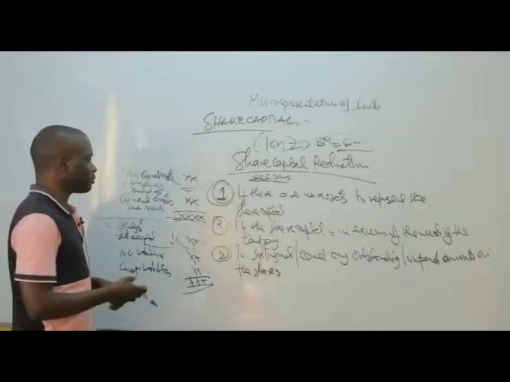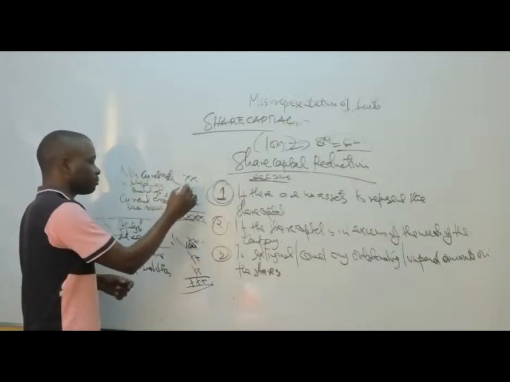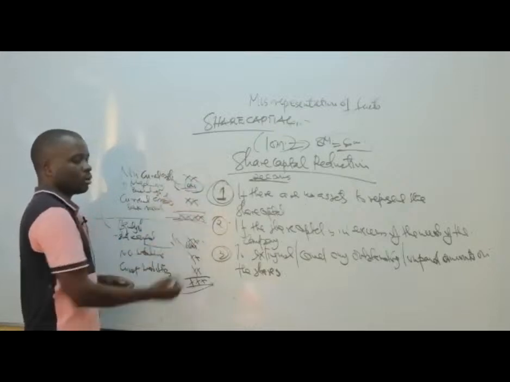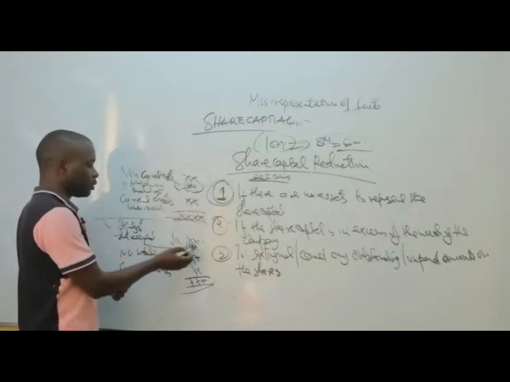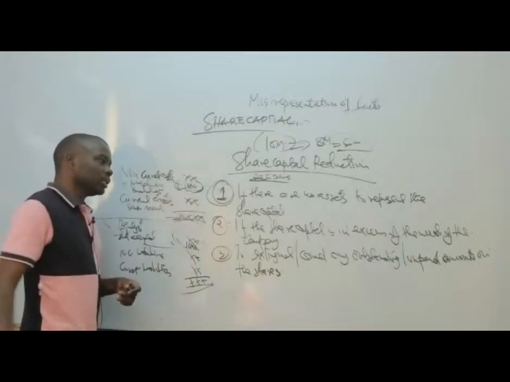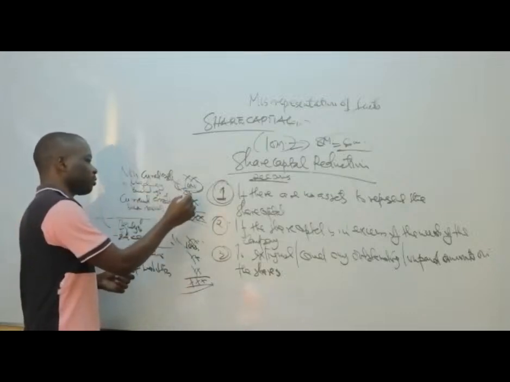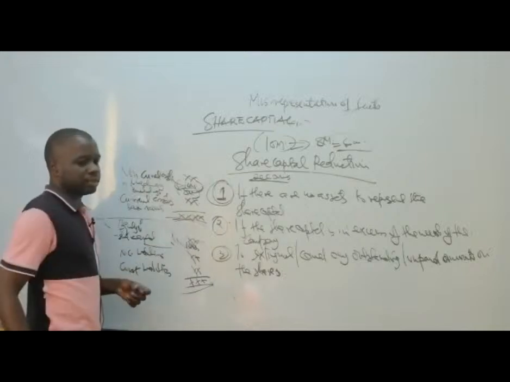So for example, if you raised 10 million and you fully put it in machinery of 10 million, most probably after 2 years or maybe 5 years, this machinery is probably at 8 million after depreciation.